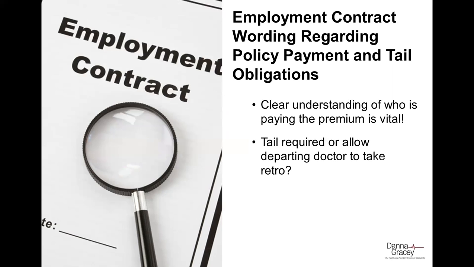The corporation might even be bare again if there had been shared limits and the corporation was protected on the doctor's policy that they then took with them. There's a real problem there because then the corporation is handling a claim for a doctor who could in essence be bare and will not be rendering much of a defense like they should.